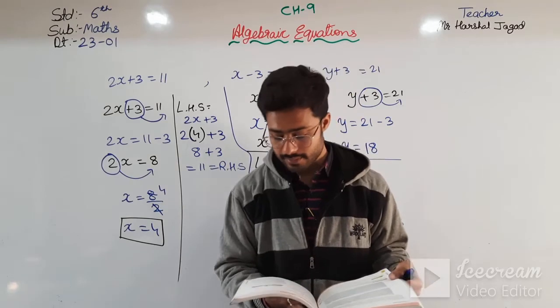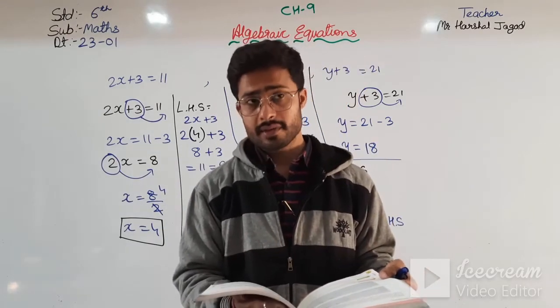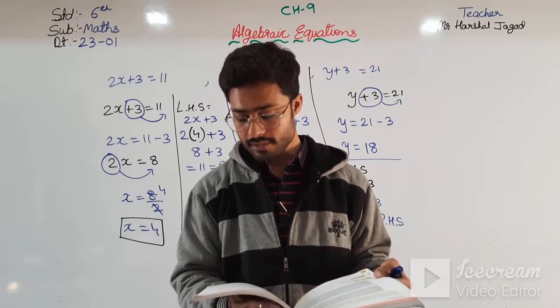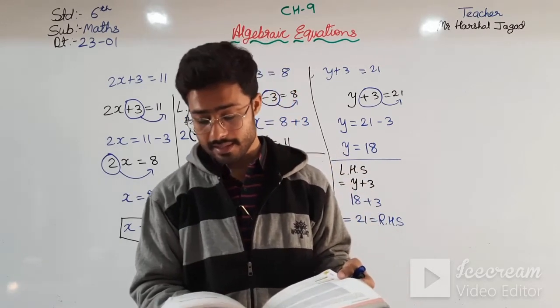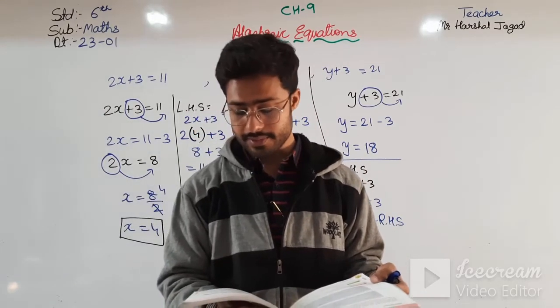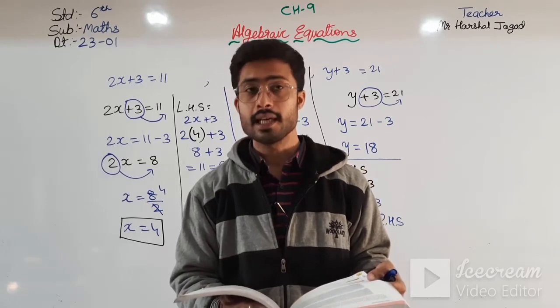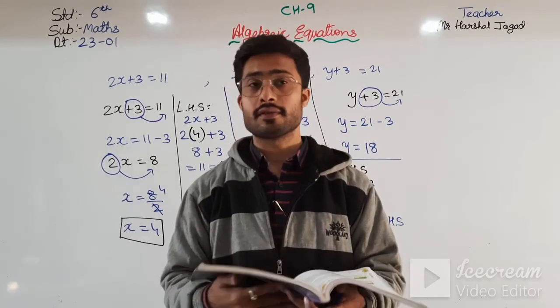If the mass on one side is doubled, tripled or multiplied by any number, the same must also be done to the other side. If the mass on one side is halved or divided into a certain number of equal parts, the same has to be done on the other side as well.